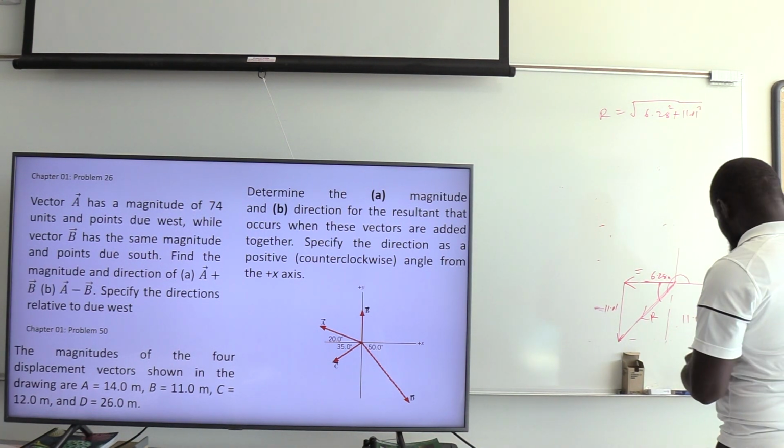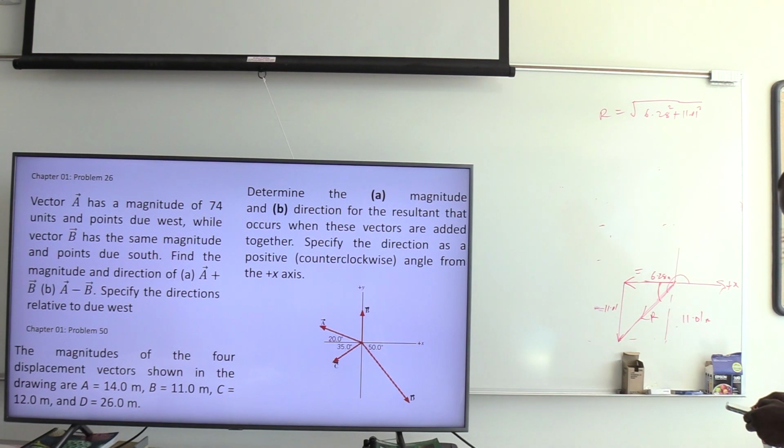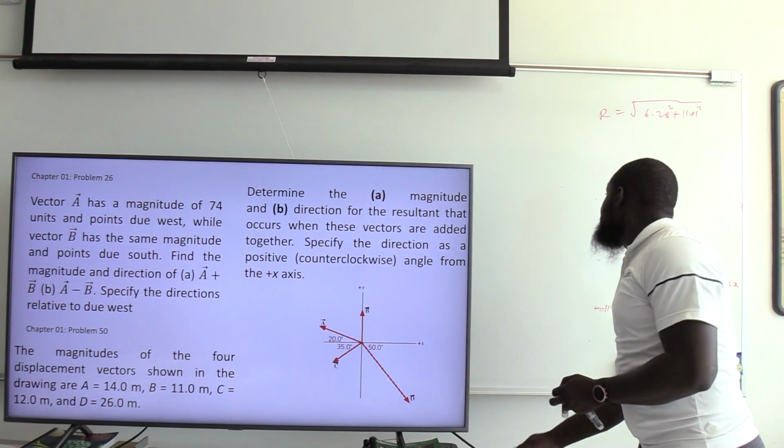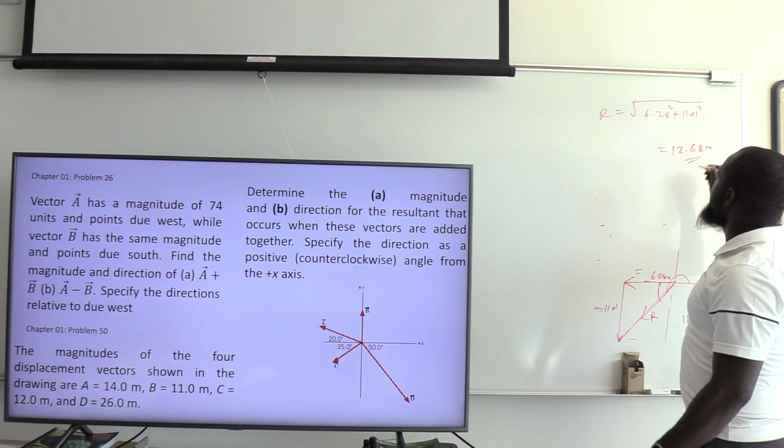Do that in your calculator. That gives us 160, then take the square root of that: 12.68 meters. That's my resultant magnitude.